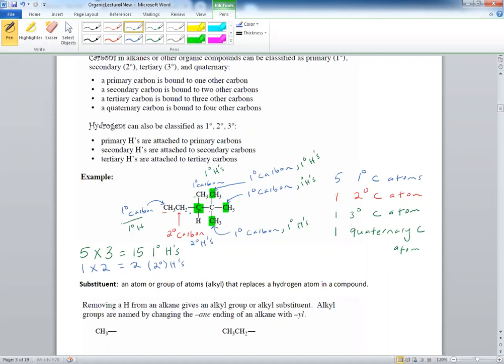And for tertiary, just look for the ones that are tertiary, like the one right here in the middle. That right here is your tertiary hydrogen. So you only multiply this by 1. You only have 1, so you'll have 1 times 1, and that would be 1 tertiary hydrogen.